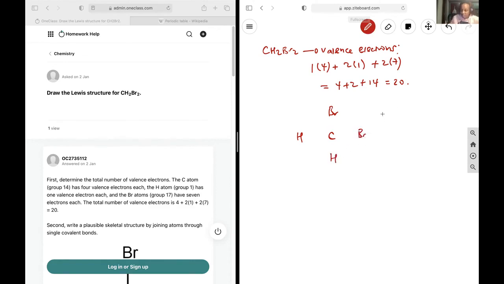And that actually relates back to VSEPR theory, which I'll get into in a second. And so let's just connect them with single bonds. And so we see the carbon is happy, hydrogens are happy. Let's fill in our octets and see if all of those valence electrons have been accounted for. So 2, 4, 6, 8, 10, 12, 14, 16, 18, 20. So yes, they have been.